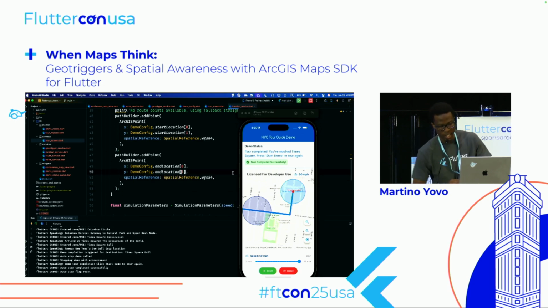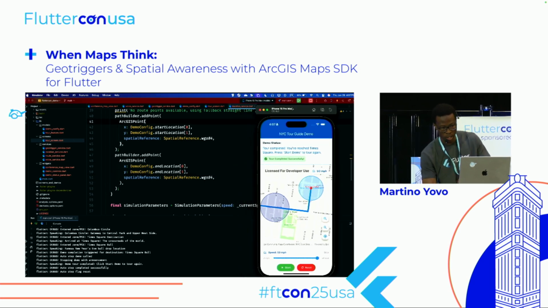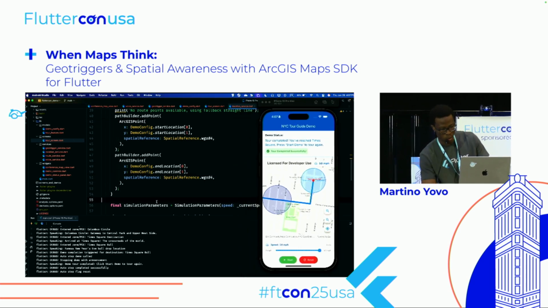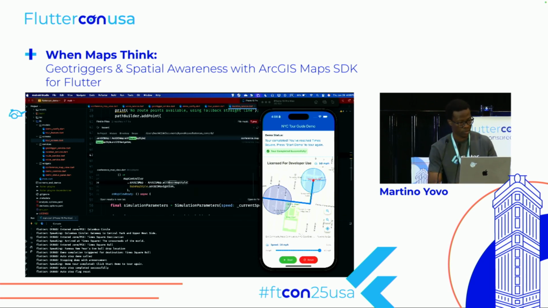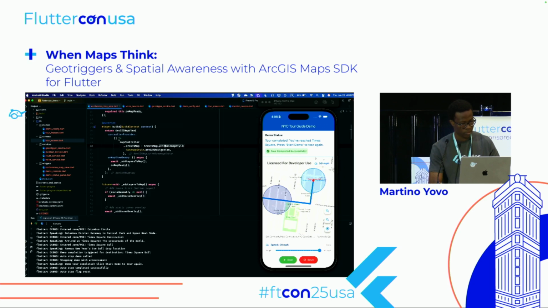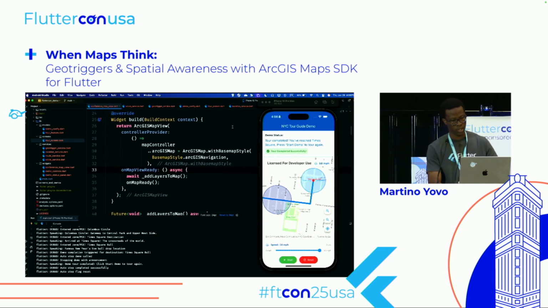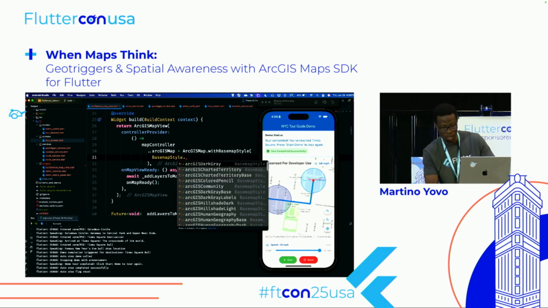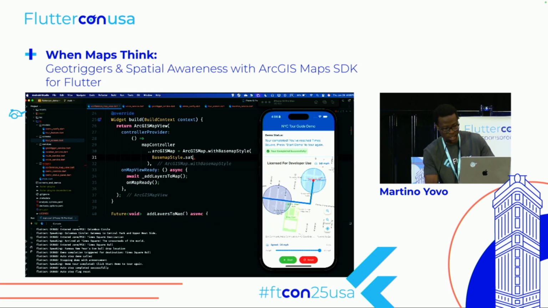So I will try to make some changes, and you'll see how it will reflect. The first thing I'm going to do is try to change the base map style. So here we're using the ArcGIS navigation base map, but we can try the satellite imagery one.